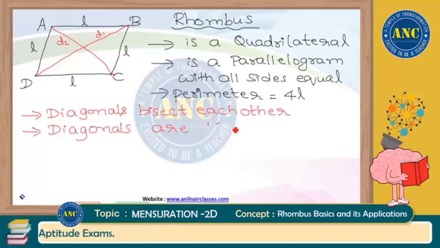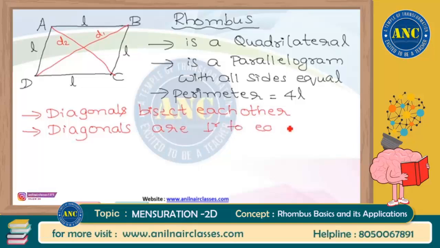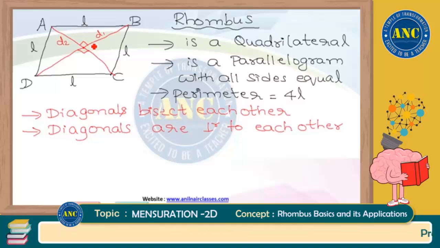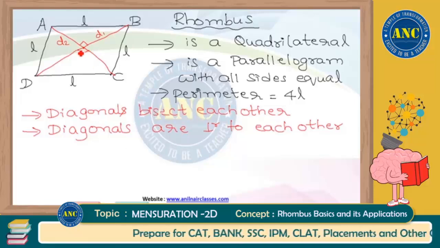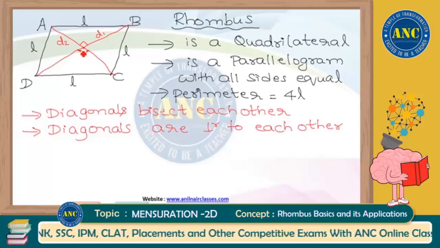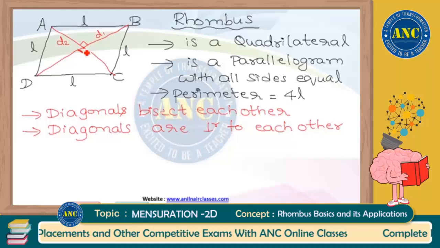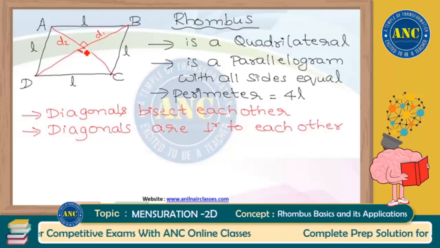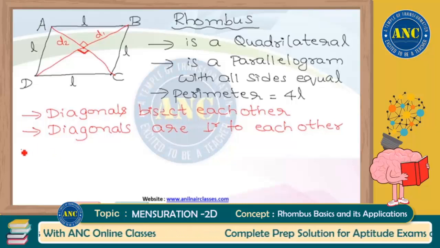Based on this key point we will solve some questions in the easiest way possible. Because this angle is 90 degrees, I can apply the right angle Pythagoras theorem, which we will see as the class proceeds.